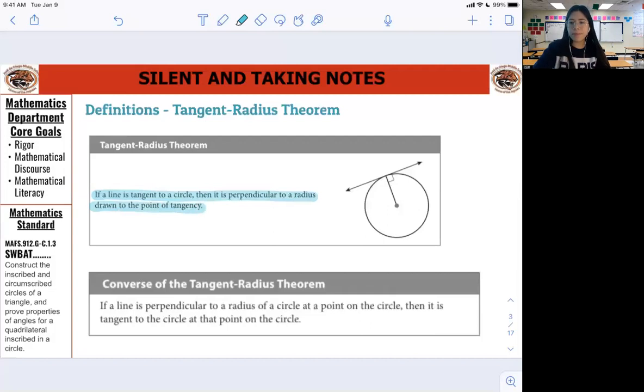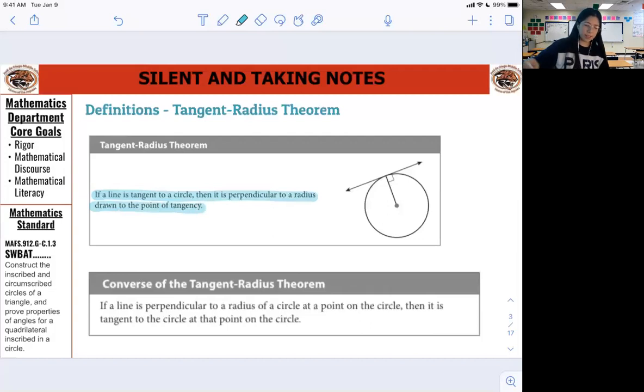Okay, no. Man, it's just going to be Jalen. Samaj, can you read the tangent radius theorem, please? If a line is tangent to a circle, then it's perpendicular to a radius drawn to the point of tangency.